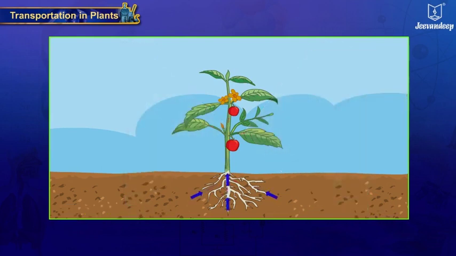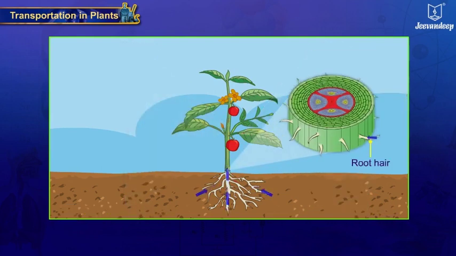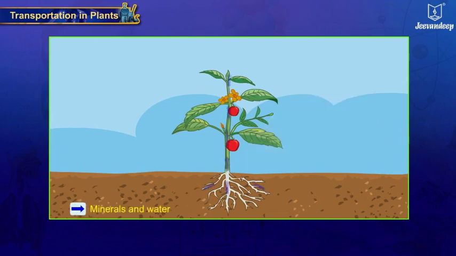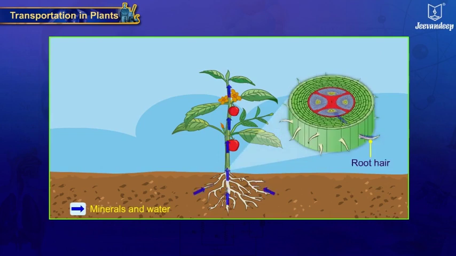Water from the soil enters the root hairs, epidermis, cortex, endodermis, and then into the xylem bundles through the process of osmosis. Minerals are absorbed from the soil by the cells of the root hair, mostly through active transport, that is, absorption of minerals against concentration gradient with expense of energy.